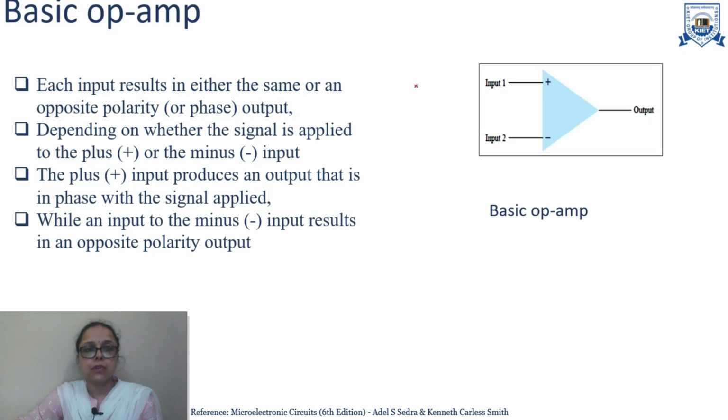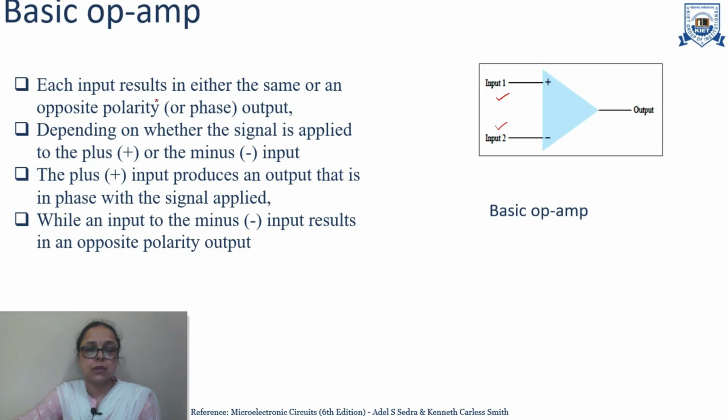Now first of all, the basics of the operational amplifier, because the operational amplifier will be used to implement the inverting and non-inverting amplifier. This is the block diagram of a basic op-amp. It has two inputs, one is the positive one and another is the negative one.